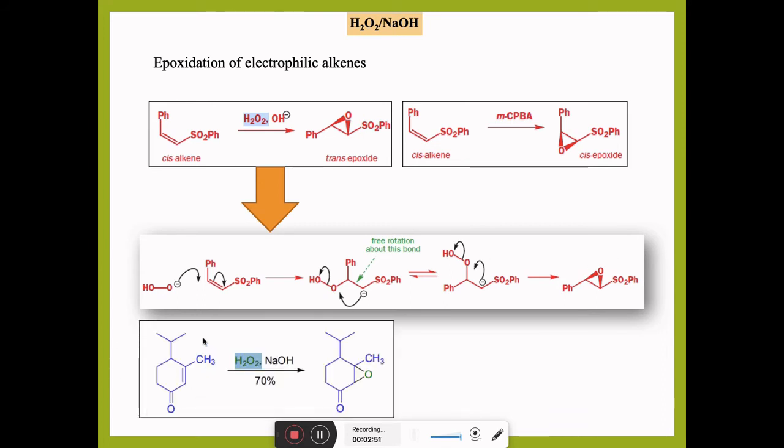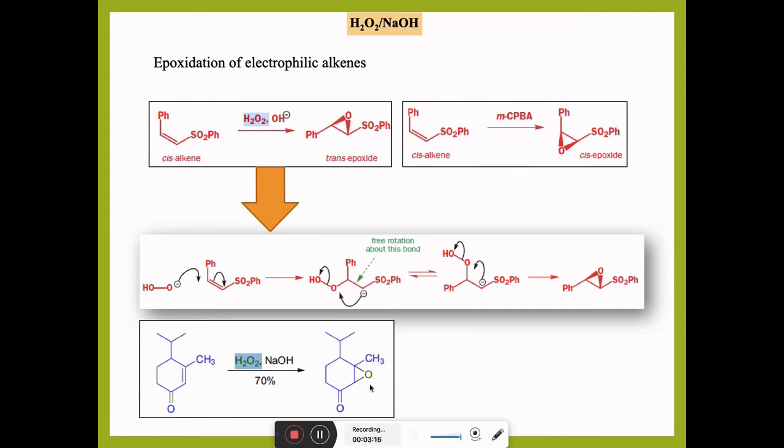So this is one of the examples where it will carry out the epoxidation of the alpha beta unsaturated carbonyl compound, where this double bond present in the alpha beta unsaturated carbonyl compound will get converted into epoxide.